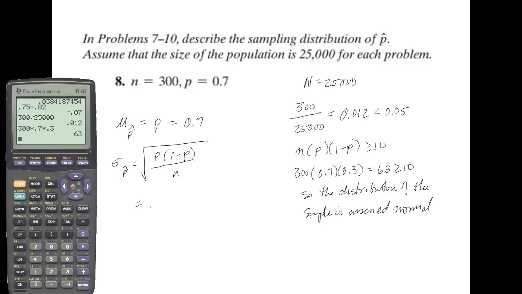So in this case, that's going to be the square root of 0.7 times 0.3 divided by 300.